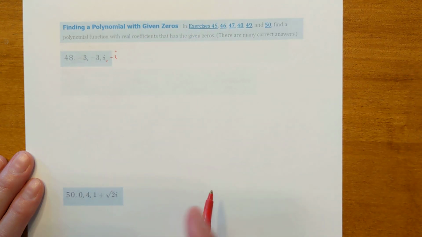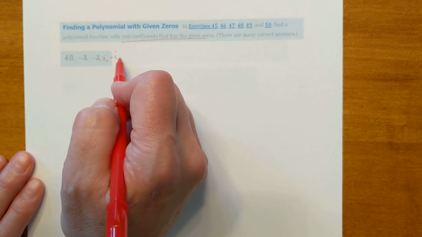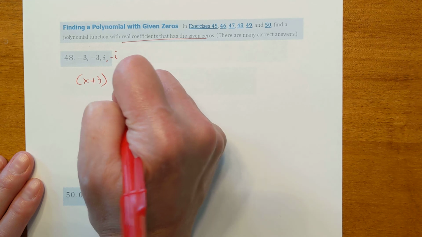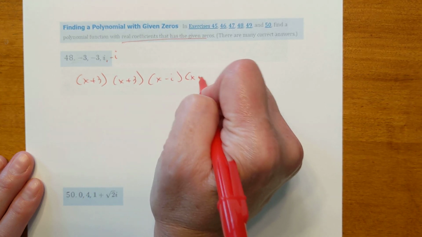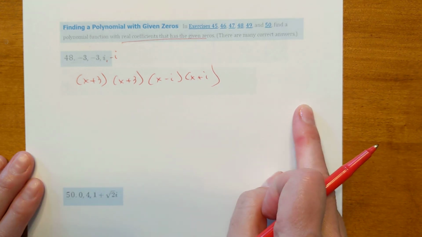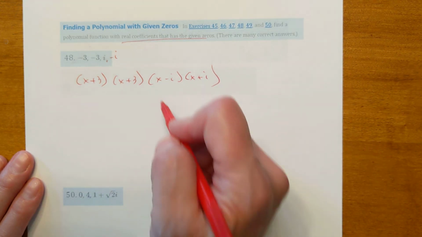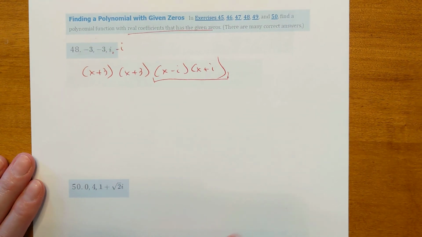So they want us to write the polynomial with real coefficients. So the polynomial, again, would be x minus negative 3, which is x plus 3. And then we've got x minus i and x plus i. So this is a product of linear factors. And then we need to multiply it out. Always multiply your i's together. Life is just so much easier when you multiply the i's together.